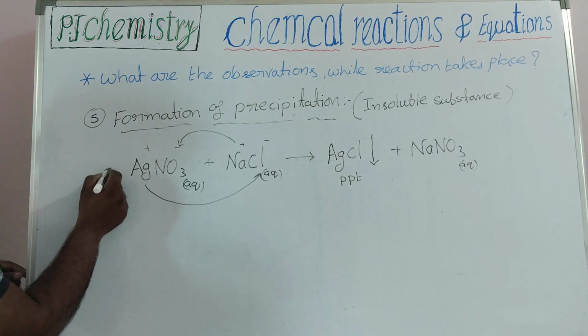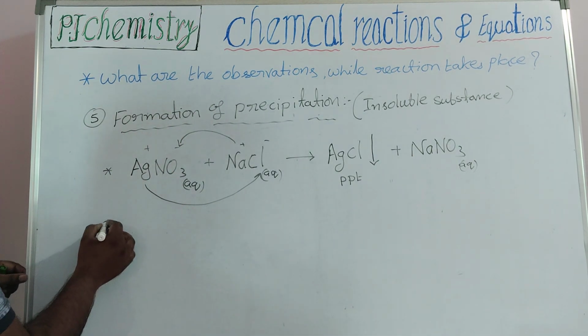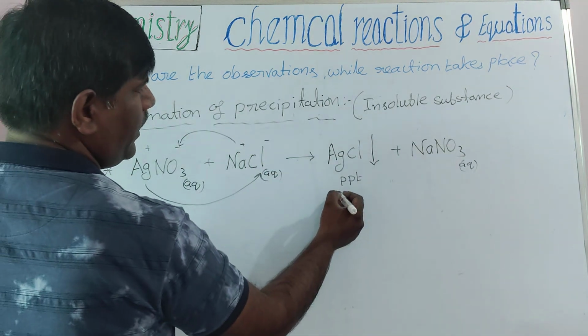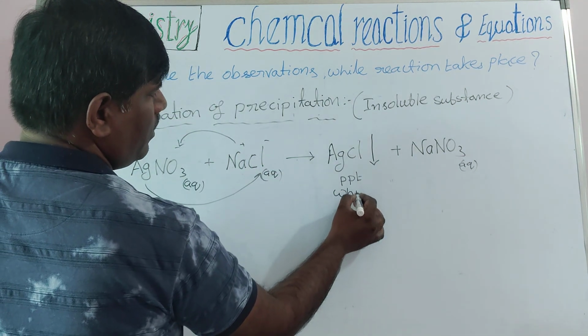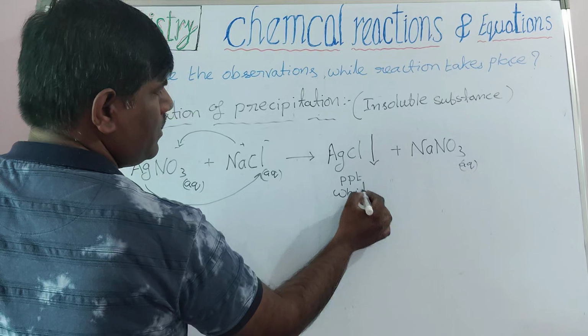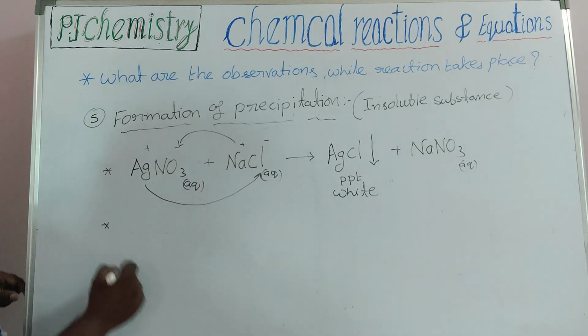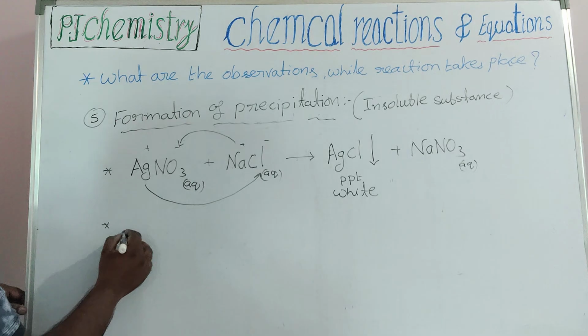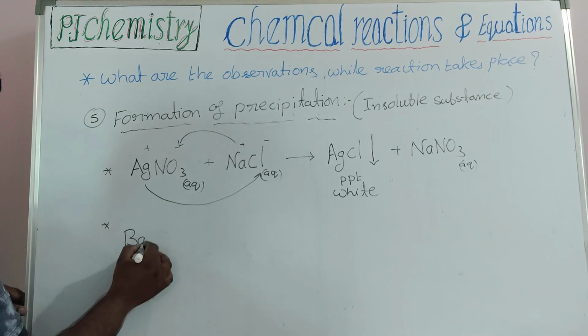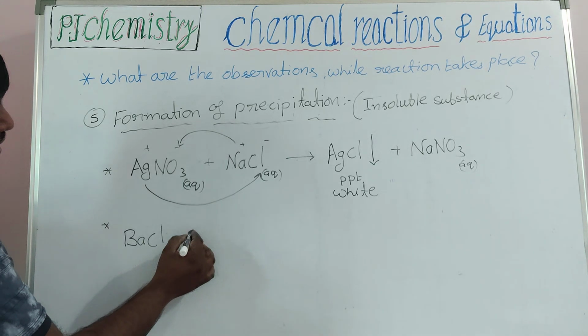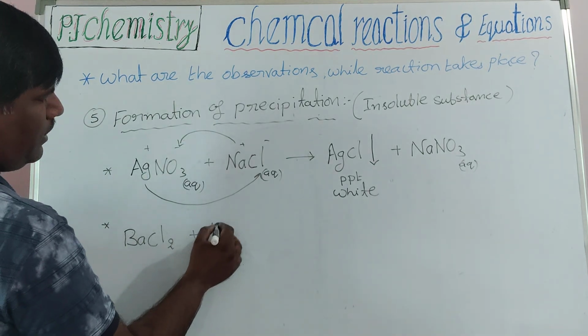Next, this precipitate is white in color. The color of the precipitate is white, white precipitate. Next, barium chloride reacts with sulfuric acid.